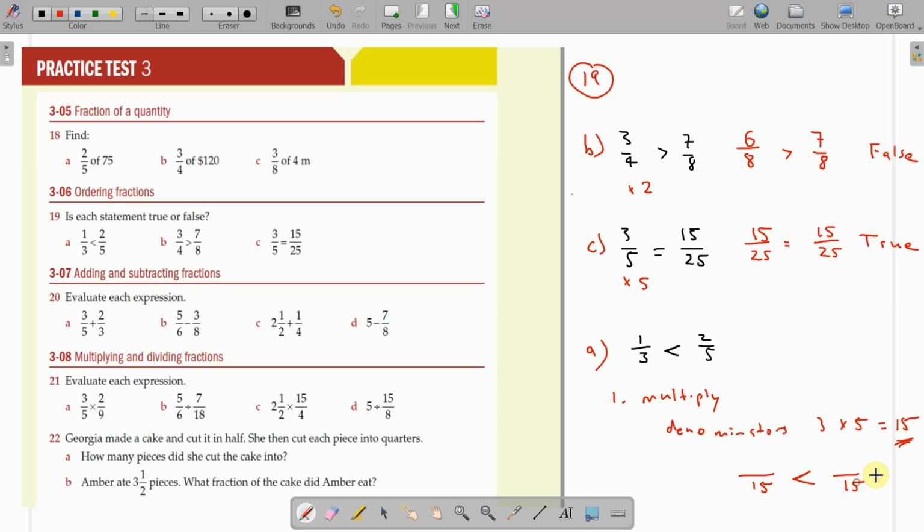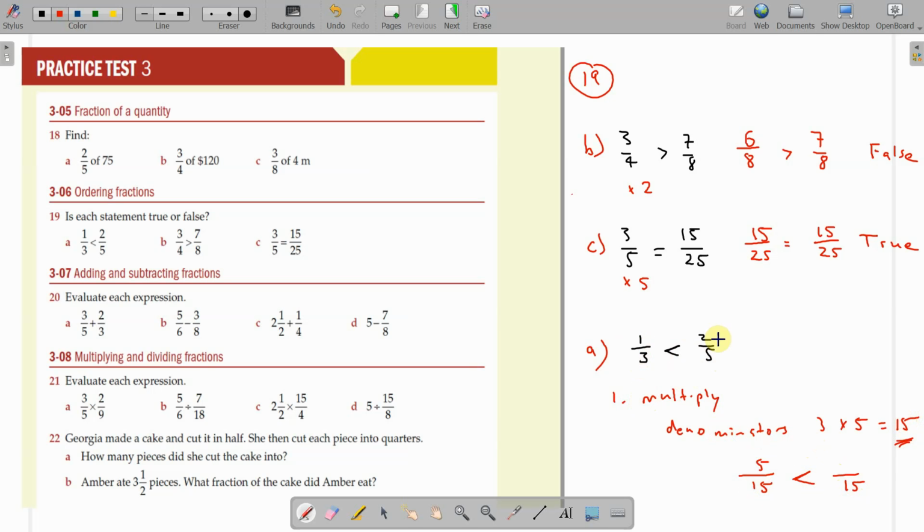New denominator is 15. We've multiplied the two existing denominators together, and now we're going to figure out what factor 3 is increased by to get to 15. And it's times 5. 3 times 5 is 15. So we've got to increase this one by a factor of 5. 5 times 1 is 5.